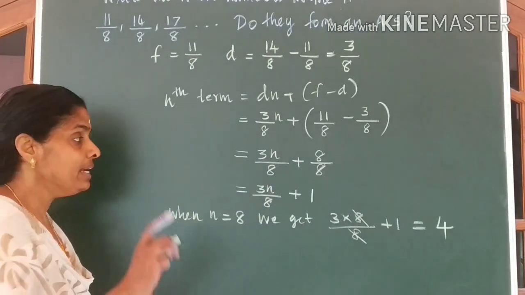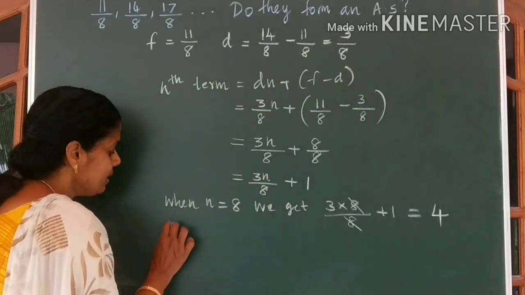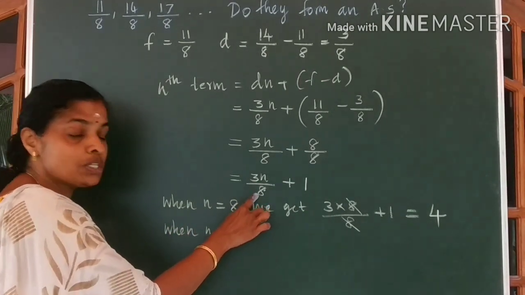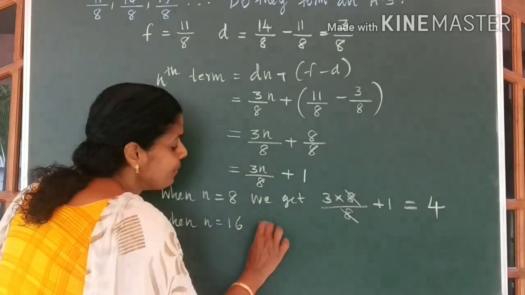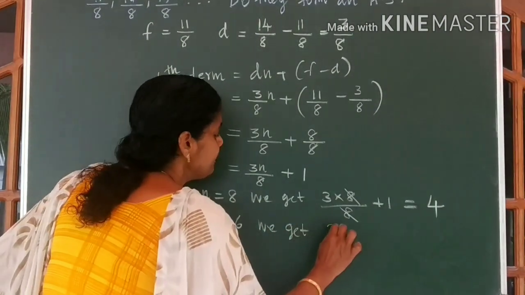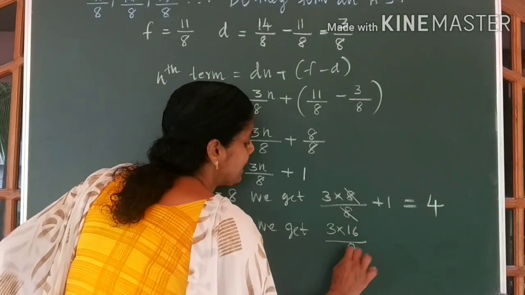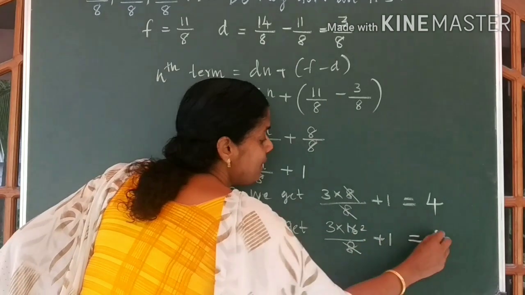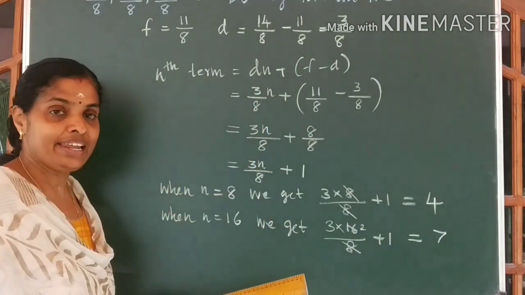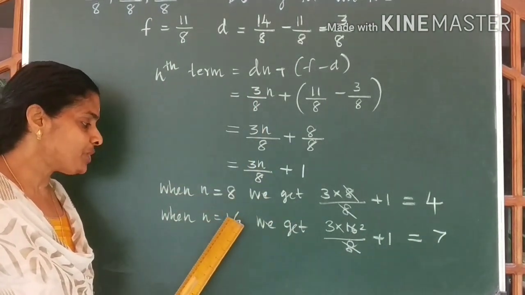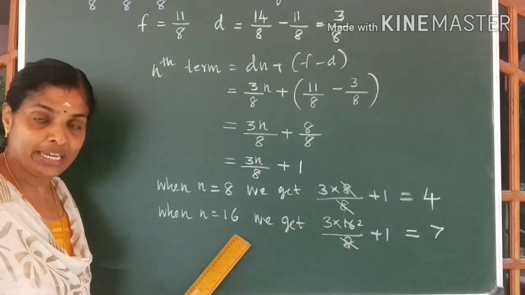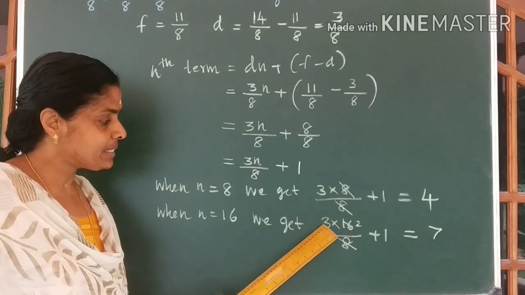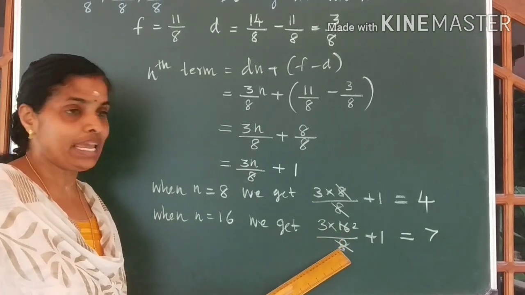Do you understand? Similarly, when n is equal to 16, that is the next multiple of 8, what do you get? We get 3 into 16 by 8 plus 1. That is equal to 6 plus 1, 7. Is it clear? Now, when you substitute n is equal to 24, you get the next answer, that is 3 into 24 by 8.